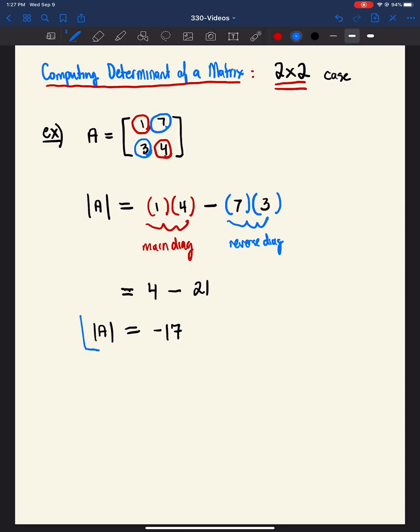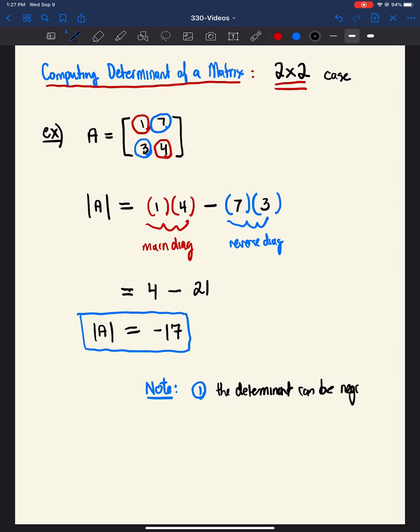So what I want us to then just notice are two things. The first thing is that the determinant can be negative. The second thing I want to draw our attention to is actually that the determinant is in fact a scalar.